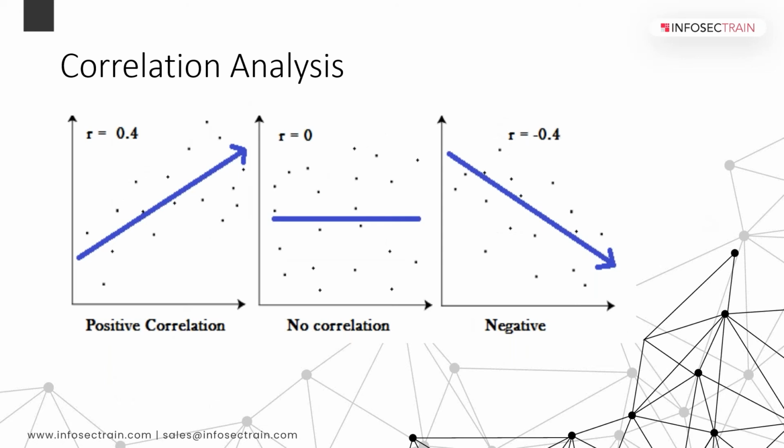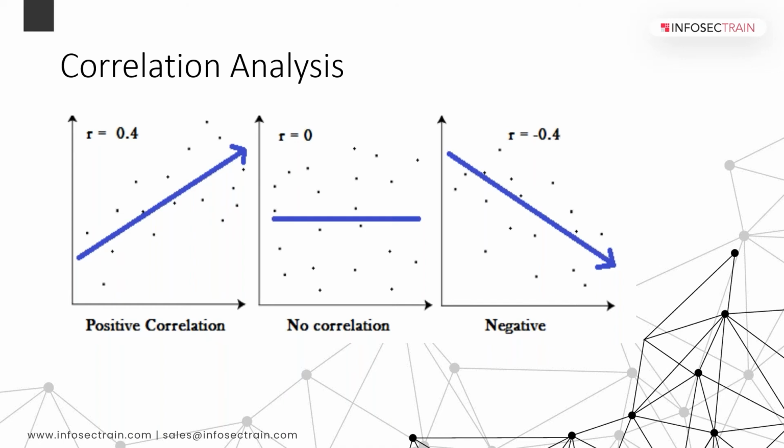So correlation, value of the correlation: there is a formula for finding a correlation coefficient between X and Y. The value of the correlation coefficient should be between -1 and 1. Now, X and Y are nothing but two columns in the data set, let's say age and salary.